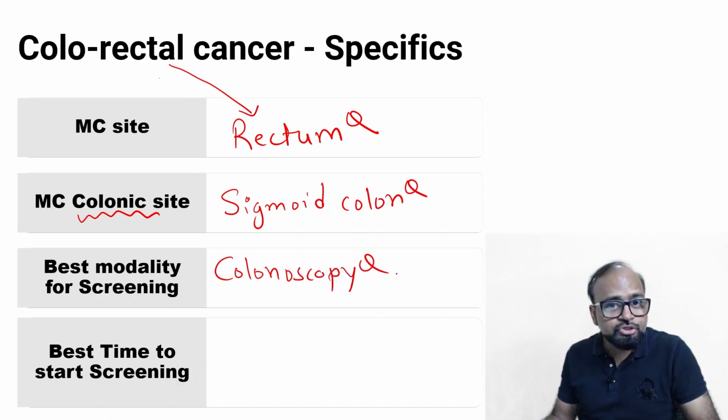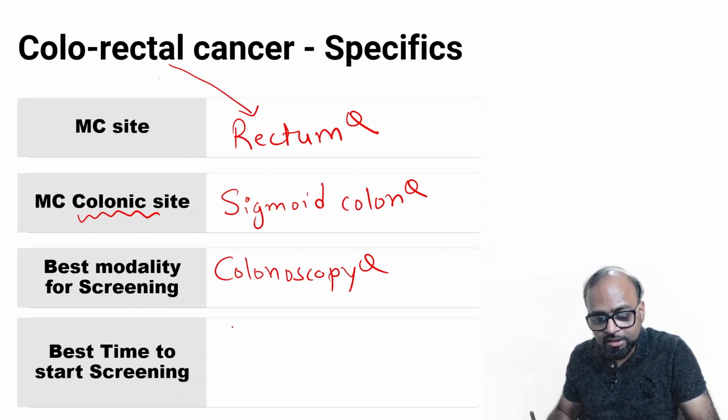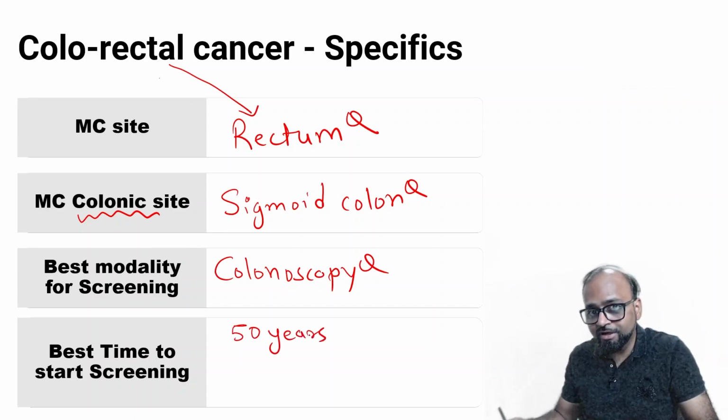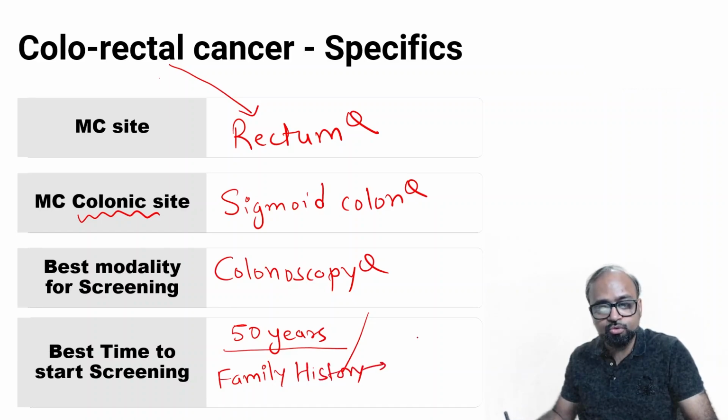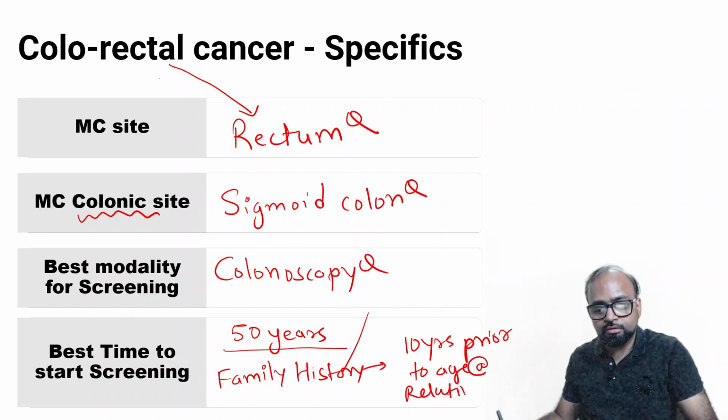What time should you start screening? At what age should you start screening? Routinely, you should start screening at the age of 50 years. However, there is a caveat to it, an exception to it. If there is a family history of colonic cancer, then in such cases you should start 10 years prior to the age at which the relative was diagnosed with colonic cancer.